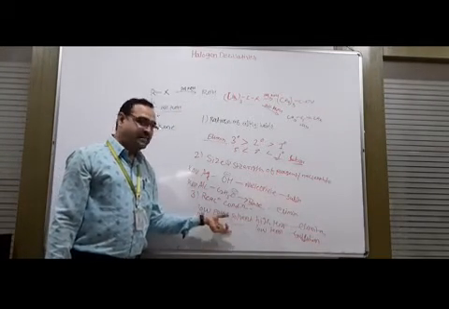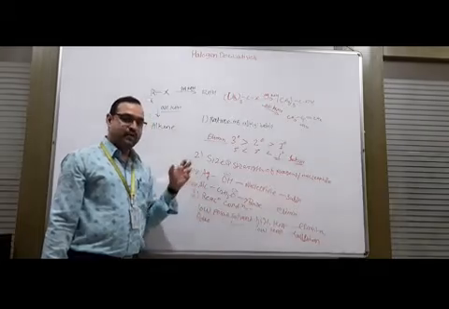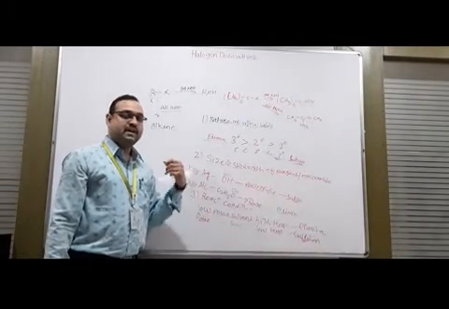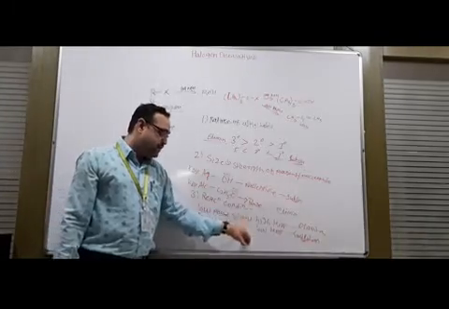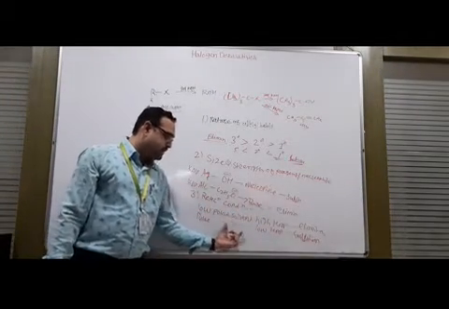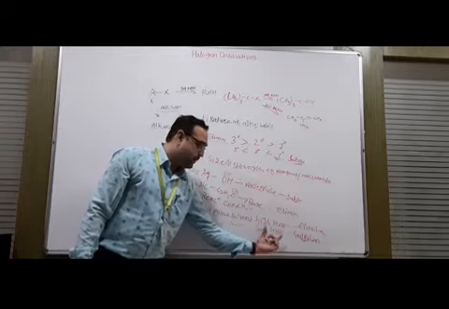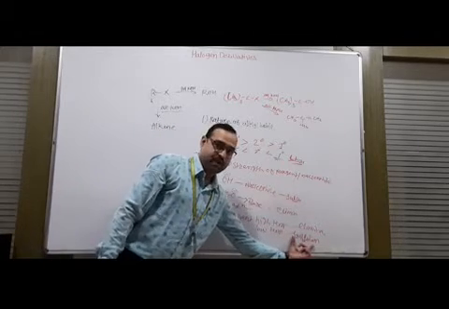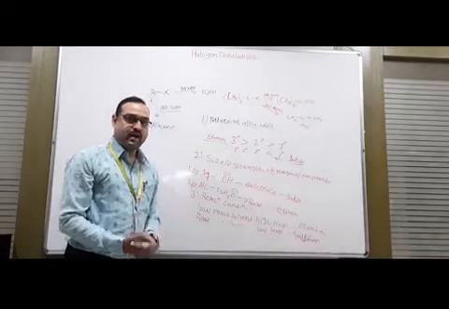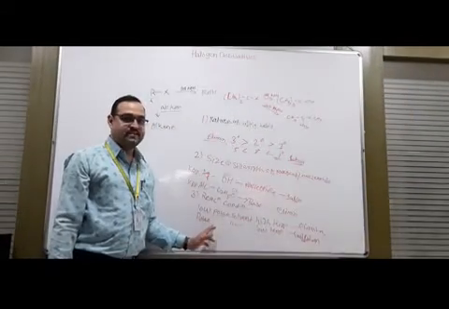Low polar solvent and polar solvent are both used in SN1 or SN2 mechanism, but temperature matters here. So the polar solvent and low temperature favor the reaction towards substitution. Are you getting these three points?